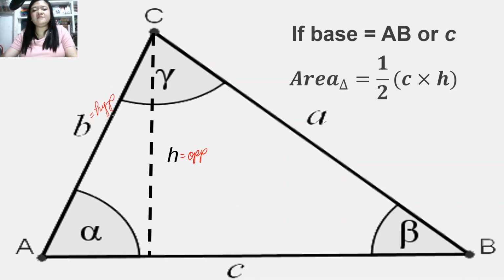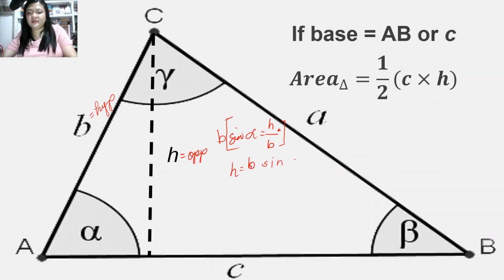Okay, and the hypotenuse of the triangle is B. Given the hypotenuse and the opposite side, the trigonometric function that we will use is sine, because sine is opposite over hypotenuse. So, sine alpha is equal to the opposite side, which is H, divided by the hypotenuse, which is B. And we only need H, so we multiply both sides by B. Therefore, H is equal to B times sine alpha.